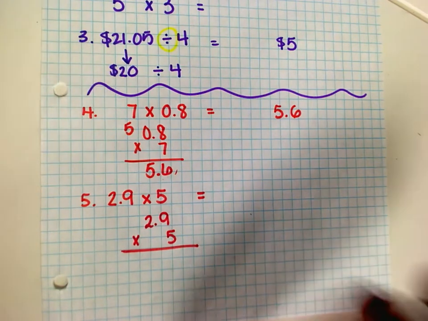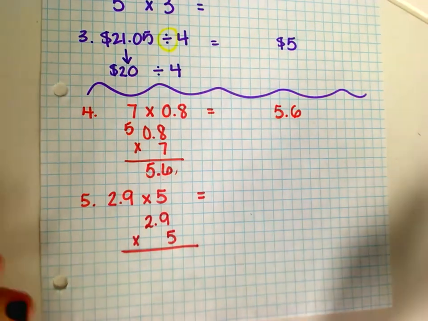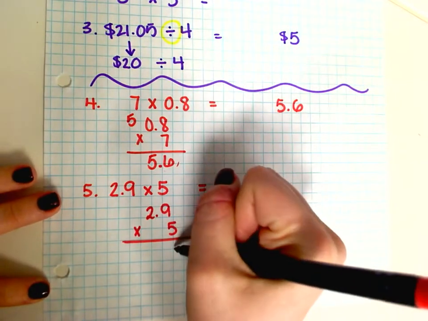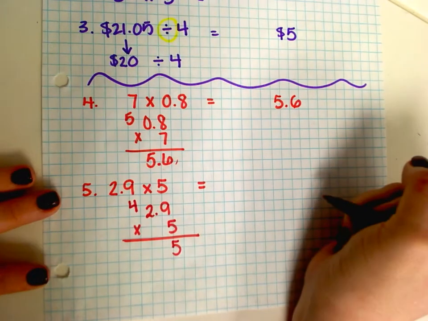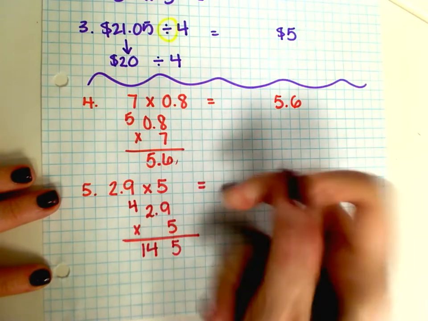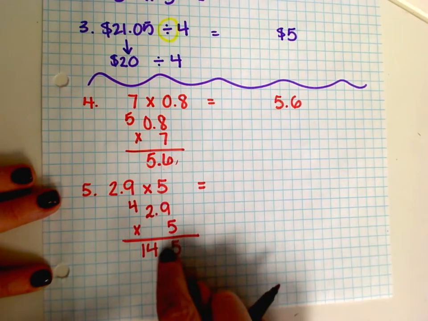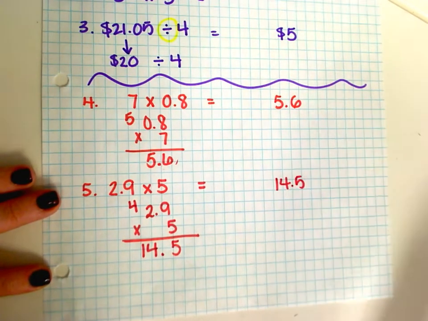I got 14 and 5/10. That's exactly right. 14 and 5/10 is correct. Here is how we got it. 9 times 5 is 45. Put the 4 down. Carry the 5. 2 times 5 is 10. Plus 4 is 14. I have one digit after the decimal point, so I'm going to do one digit hop back into the problem. 14 and 5/10 is correct.